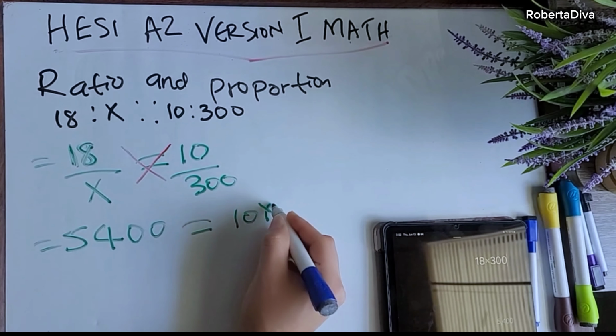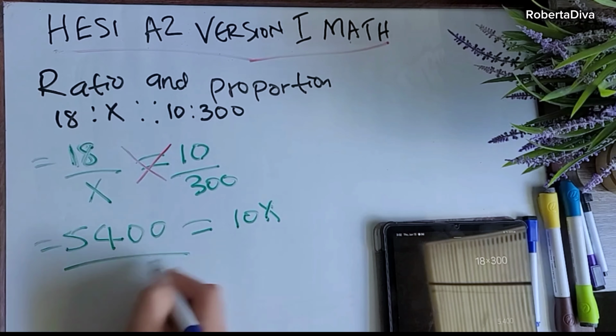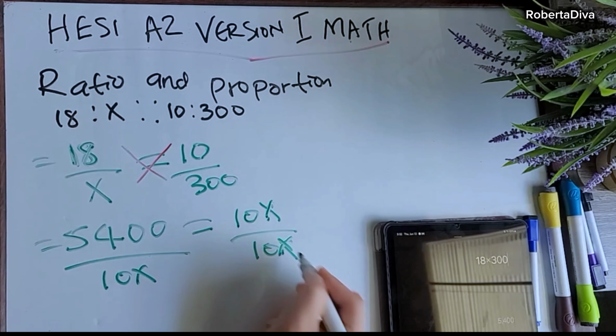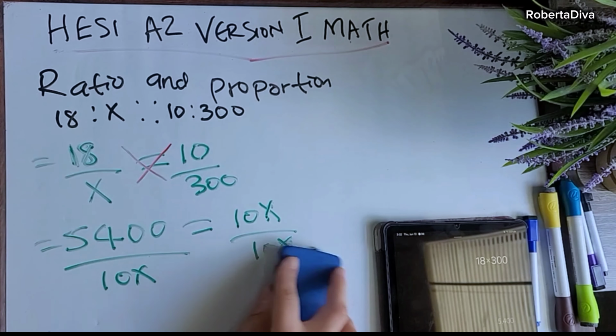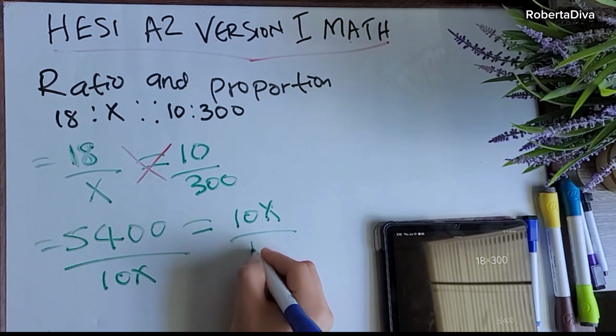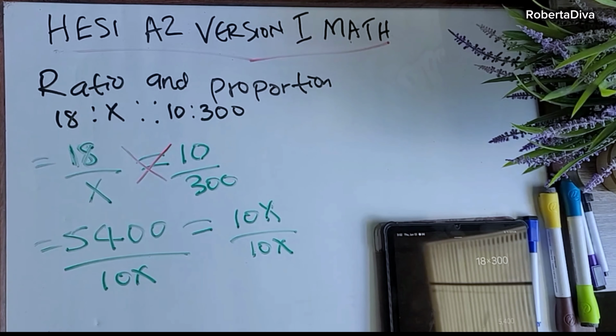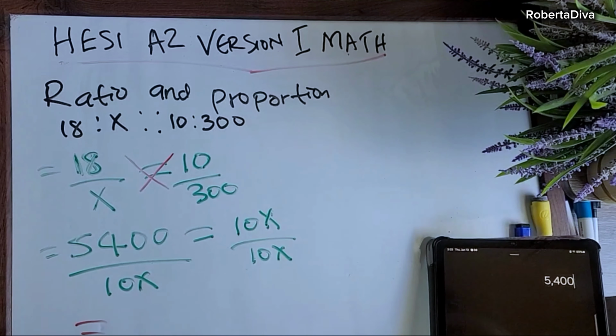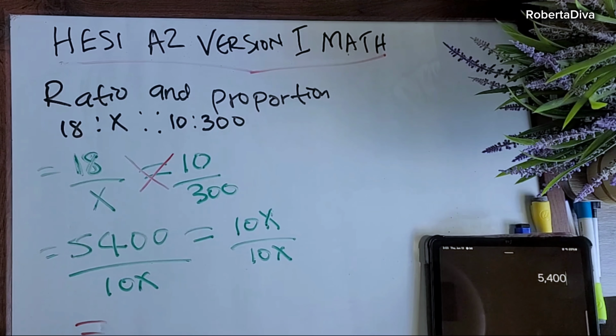After that, the next step is to divide both sides by 10x. So 5,400 divided by 10 will give you 540, x, right?